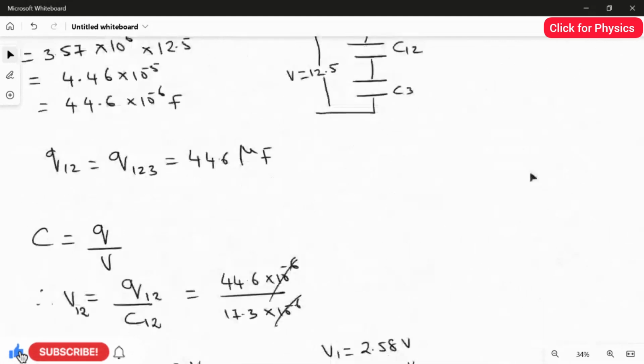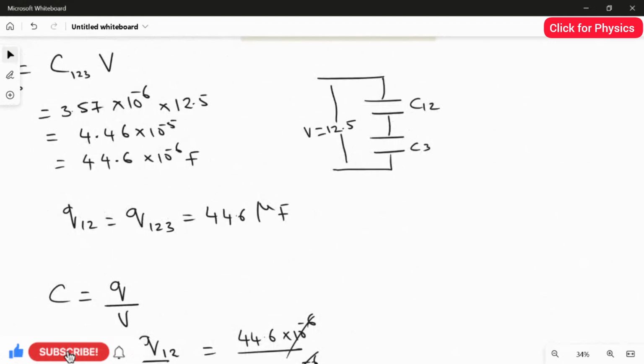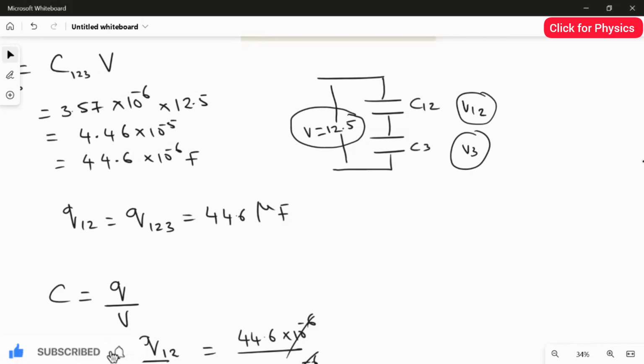The potential across C1 and C2 is V12, and the potential across C3 is V3. So the addition of V12 and V3 will be equal to 12.5.